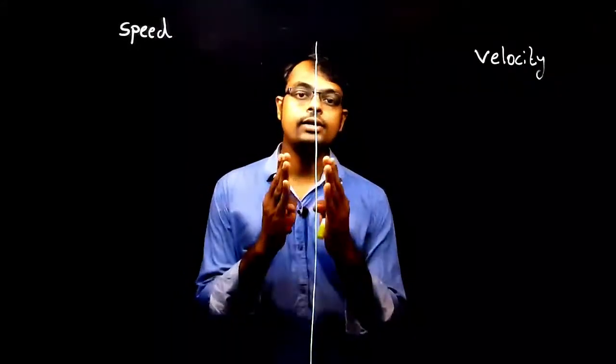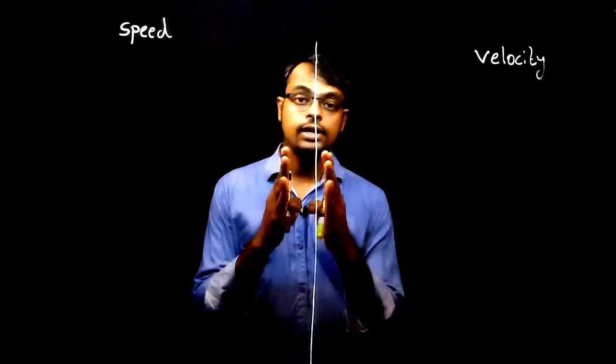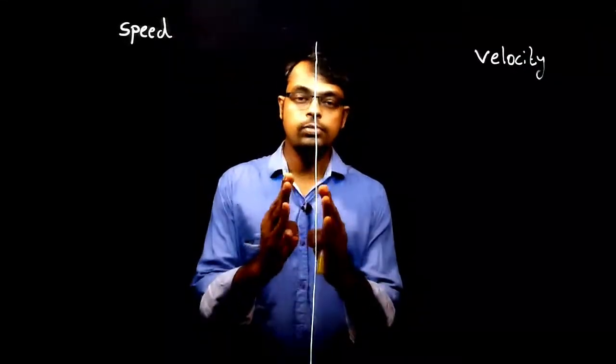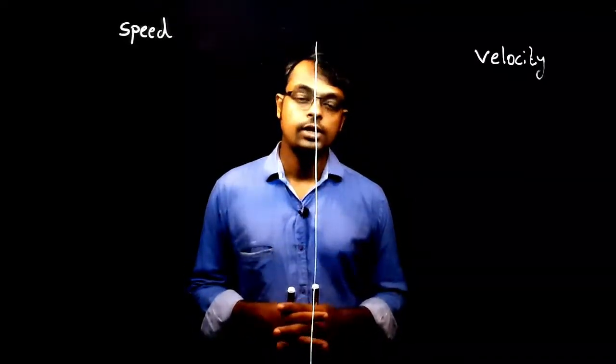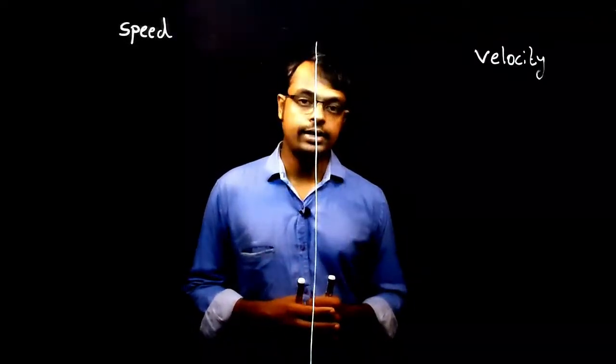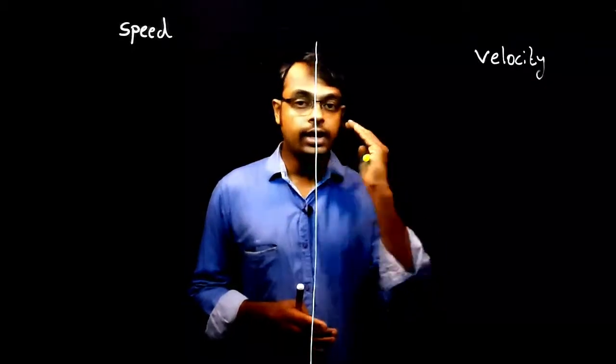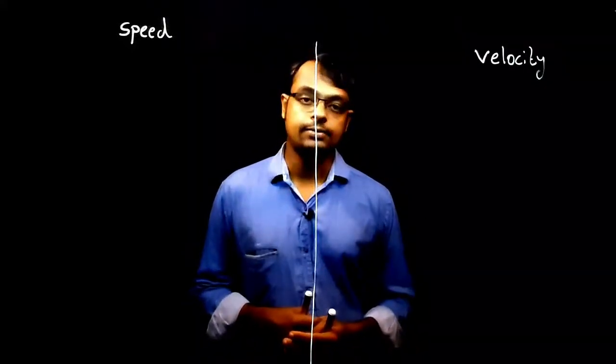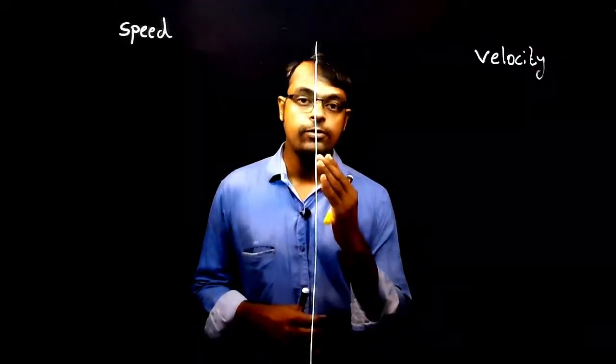So how can you define the instantaneous speed if you are standing at one particular point? Instantaneous speed is the speed of any object at that particular instant of time.